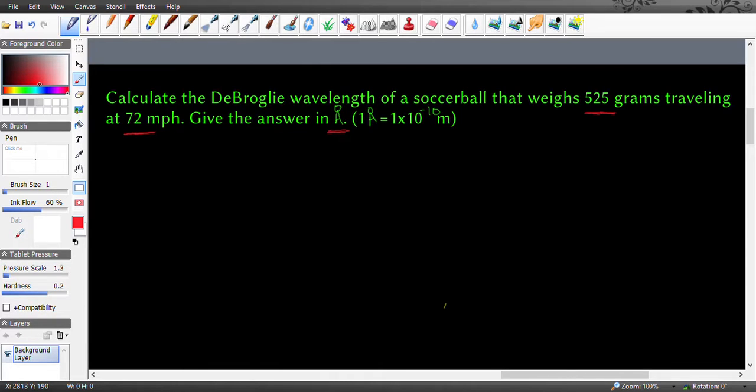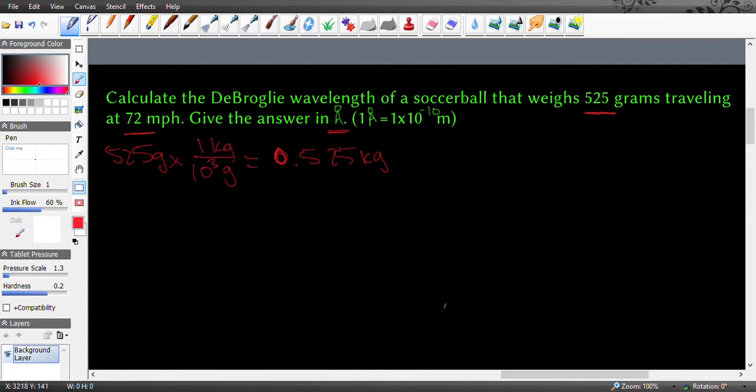First things first, we know that we need to turn the 525 grams into kilograms. So 525 grams times 1 kilogram over 10 to the 3 grams is going to give us 0.525 kilograms. Okay, so that's the mass of the soccer ball.